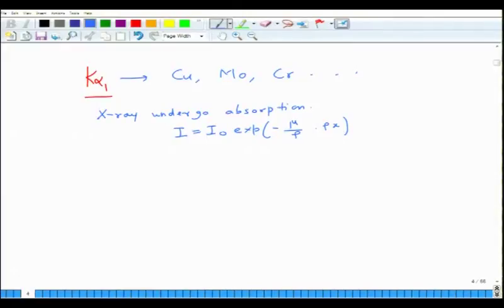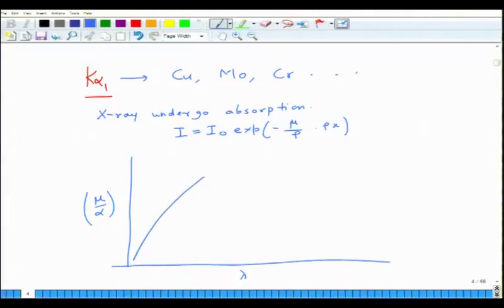This is the mass absorption coefficient, mu by rho. So, if you plot the mass absorption coefficient as a function of wavelength, then typically it shows behavior which is like this.